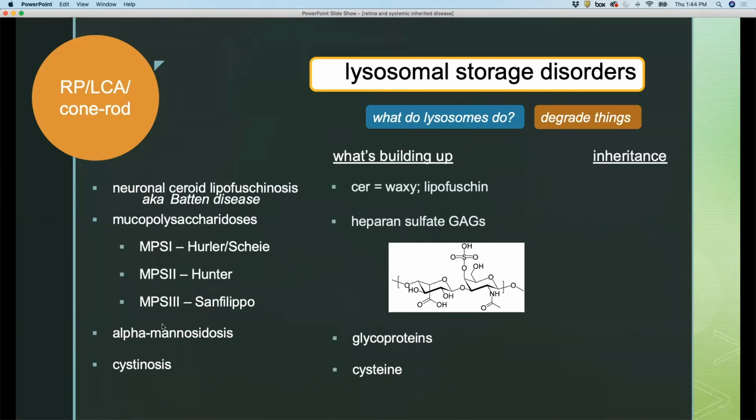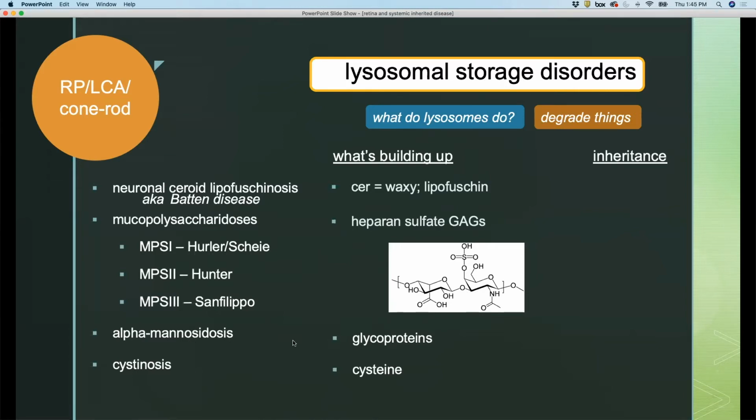The other things that can build up are heparan sulfate glycosaminoglycans in the mucopolysaccharidoses: Hurler, Hunter, Scheie, and Sanfilippo. As a reminder, glycosaminoglycans are incredibly long chains of sugars, and this is a repeating unit in there.